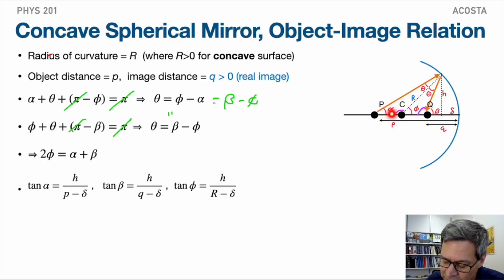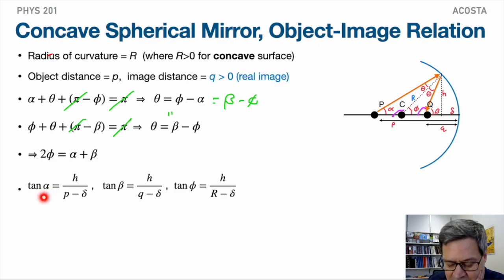So let's look at alpha, the first angle here, the angle from the optical axis to the point that the object makes with the reflection point. The tangent of that angle would be the opposite side length of a triangle, so let's call that height h here, divided by the distance from where h intercepts the optical axis to the object point.